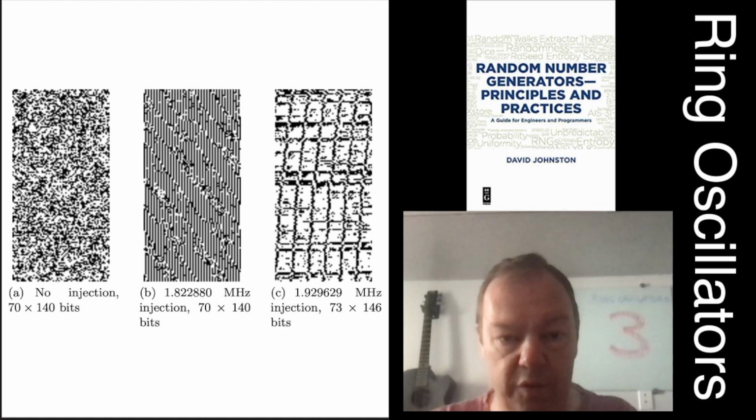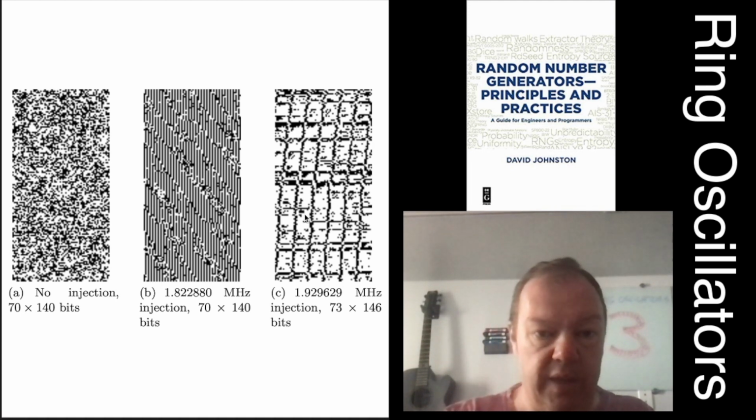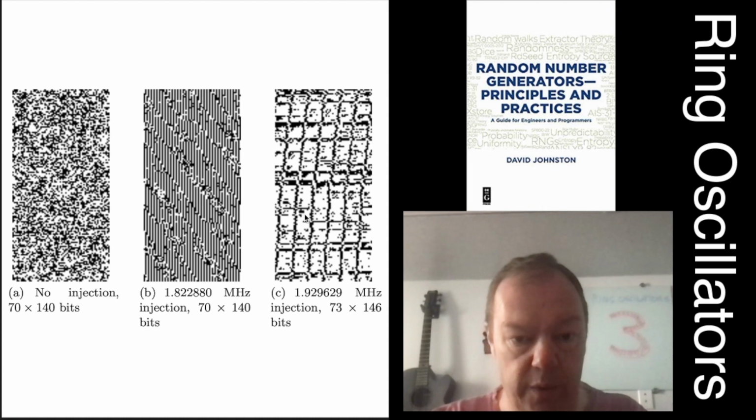So a string of 0s then a 1, a string of 0s then a 1, and you can see the number of values you would have to search to guess a line in that sequence would be much fewer, and so the entropy has been reduced greatly simply by injecting some noise into the circuit and perturbing it in a deterministic way that causes it to lock.